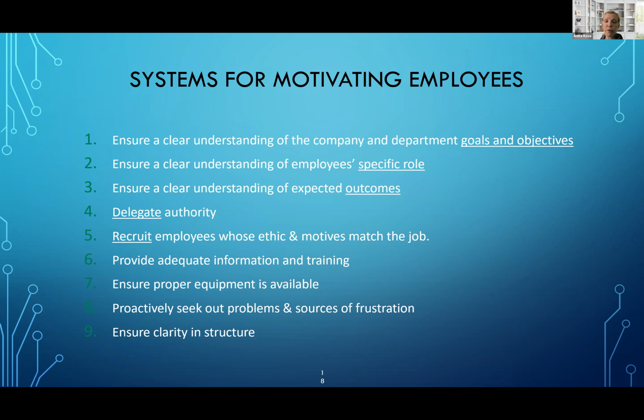And we want to be sure that we reduce any problems and sources of frustration. Again, letting the employee have that autonomy to make decisions will reduce that in itself. And then, of course, we need to ensure clarity of structure. We have that structure, we have the process in place for them.